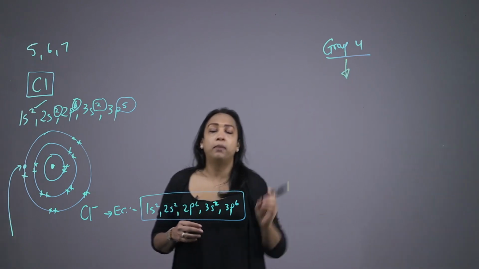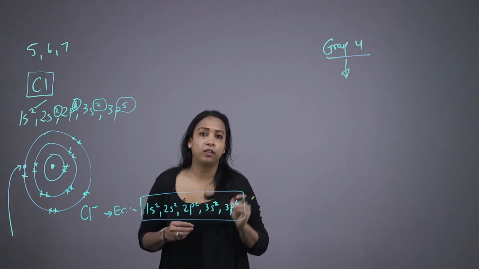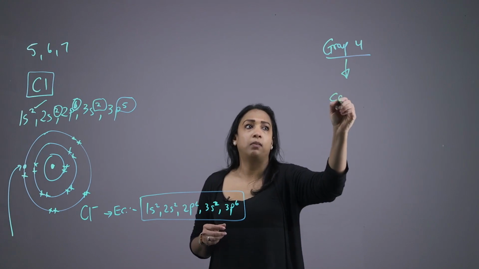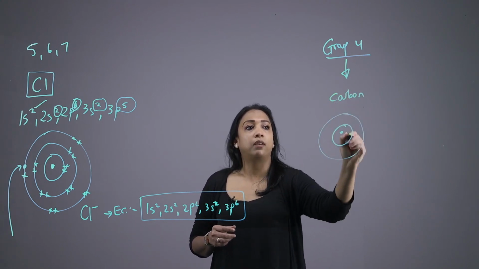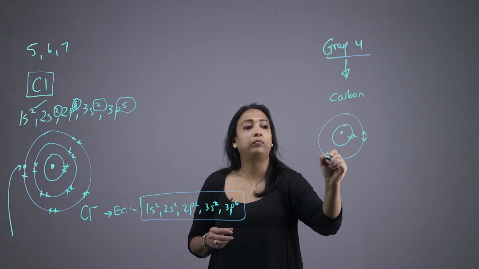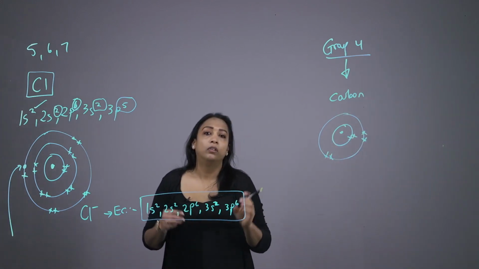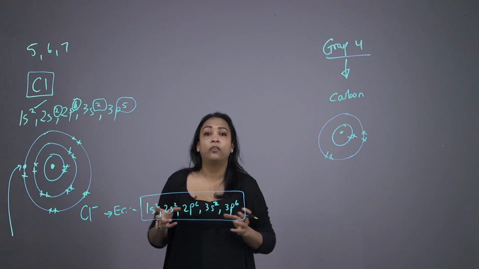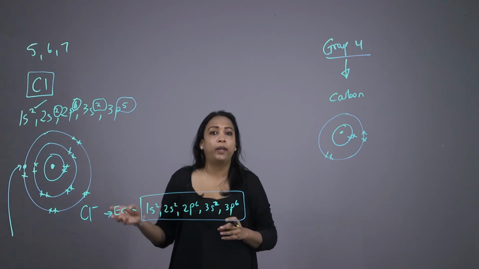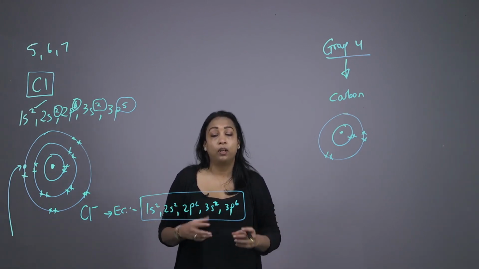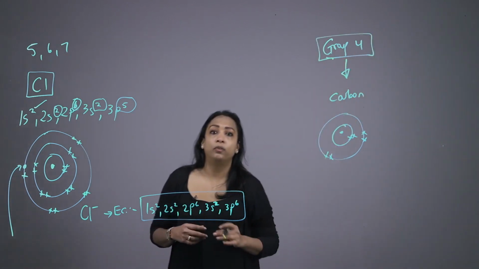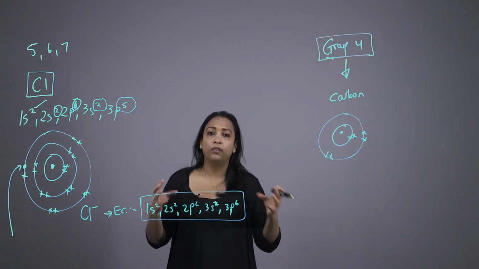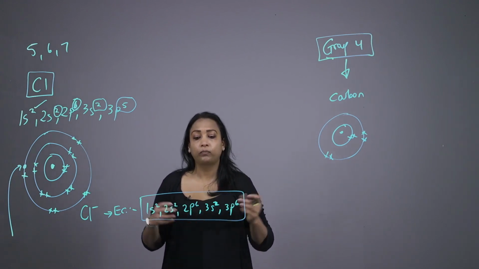Remember, the group number tells us the number of electrons in the outermost shell. Let's take, for example, carbon. Carbon has 4 electrons in its outermost shell. And therefore, carbon and other group 4 elements neither give away nor accept electrons. What elements in group 4 tend to do is share electrons through covalent bonding.